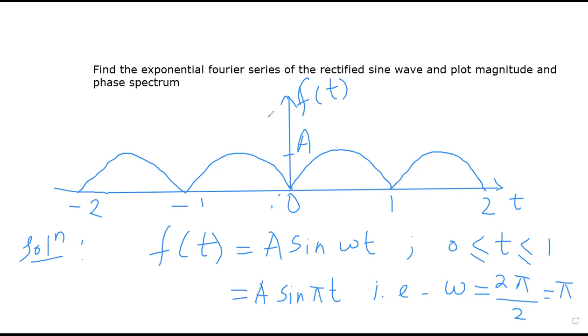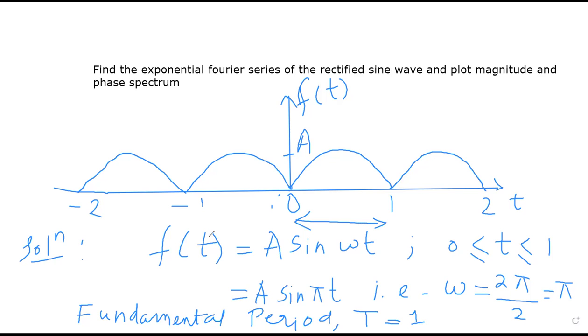So the next step is to find the fundamental period. The fundamental period for the given waveform is given by capital T. It is repeating after 1 second, so the fundamental period will be 1.